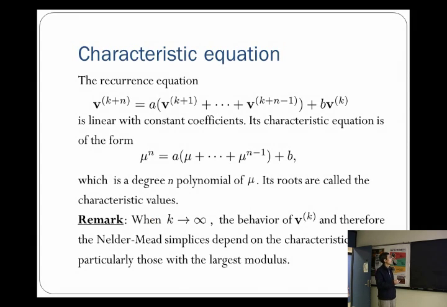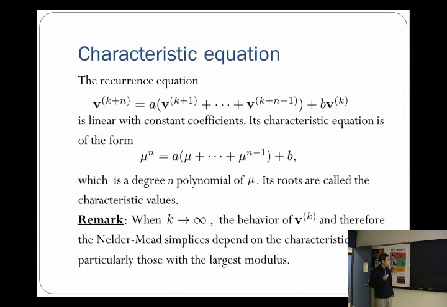We know that because this is linear with constant coefficients, its characteristic equation is important. This is the characteristic equation for this recurrence relation. This is a degree n polynomial of μ, so it will have n roots. We call them the characteristic values.